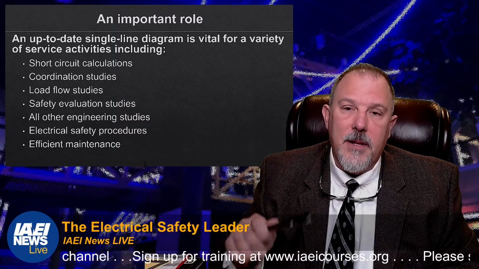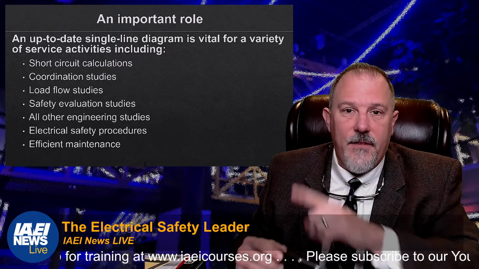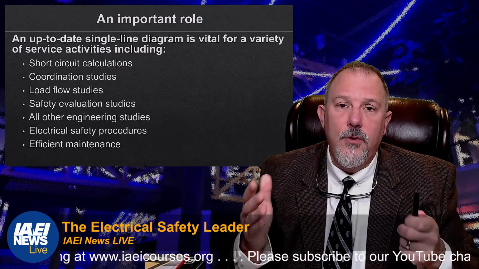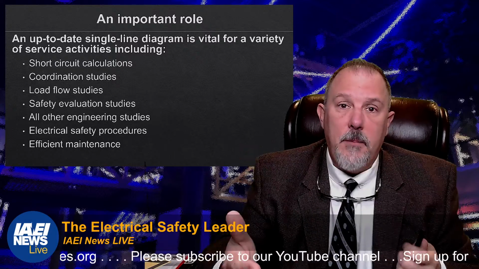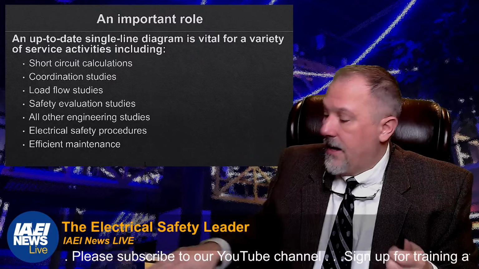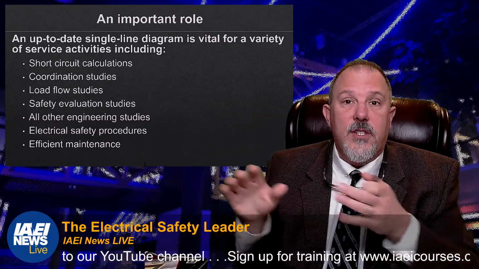And we need to document that process. We use it for safety evaluation studies. What would I use a one-line diagram in regard to my safety plan? We're going to talk about 70E and lockout tagout, 70E requirements.